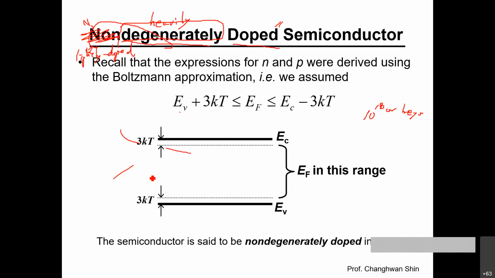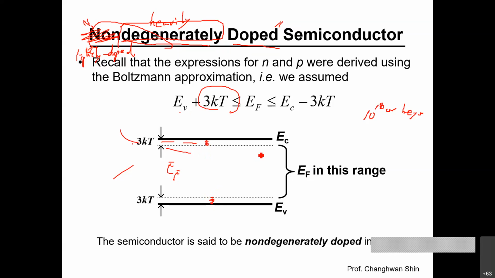So the 5% error rate, where does it come from? It comes from this number 3 kT. If the Fermi energy level can be found within this region, then the Boltzmann approximation cannot be strictly used. However, we can use it with a certain amount of error. So the error rate is 5%, and 5% error could be acceptable.